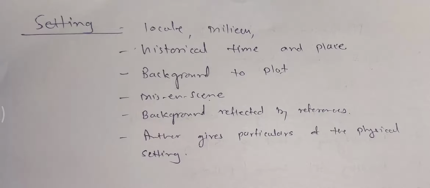It stands for the references to the physical properties. The physical properties include the hills, the dells, the stones, the trees, the valleys, rivers of that particular time. At the same time, the monuments and the other features that reflect in the background.